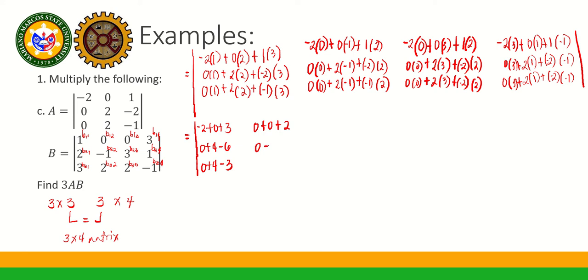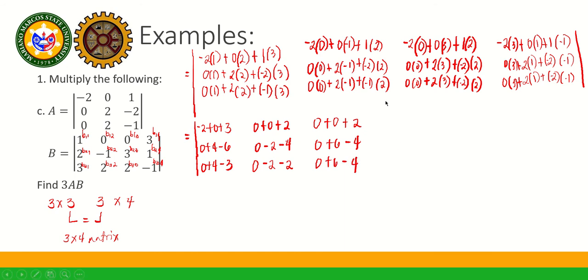And then 0 minus 2 plus, minus 4. And then this will be equal to 0 minus 2 minus 2. And then for the third column, we have 0 plus 0 plus 2. And then 0 plus 6 minus 4. 0 plus 6 minus 4.